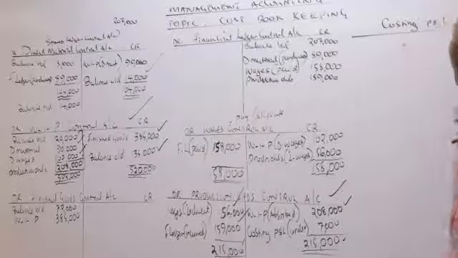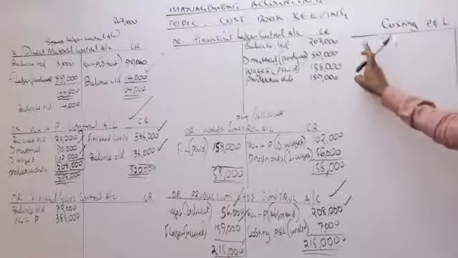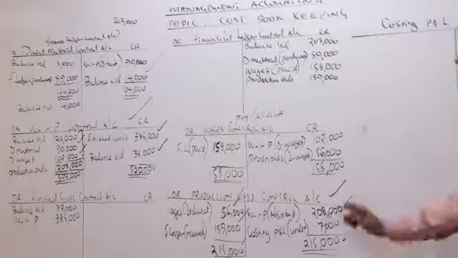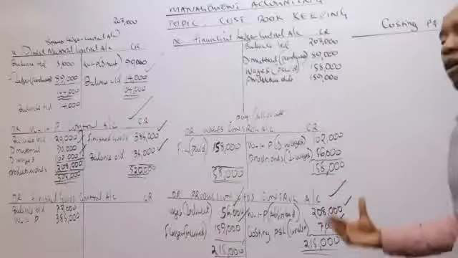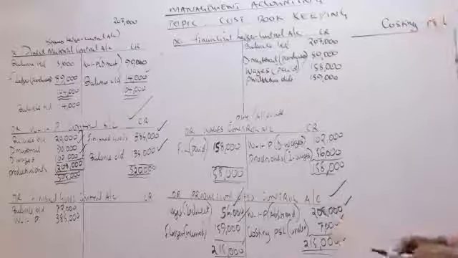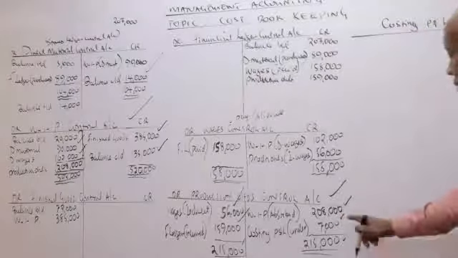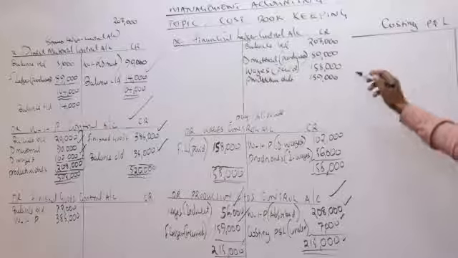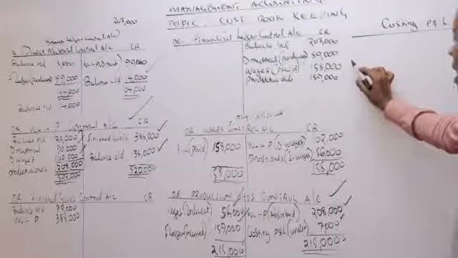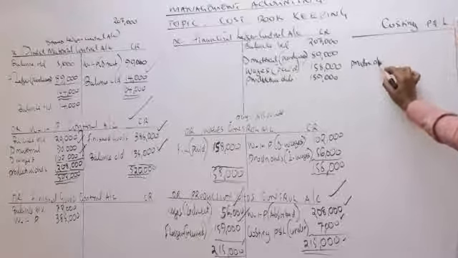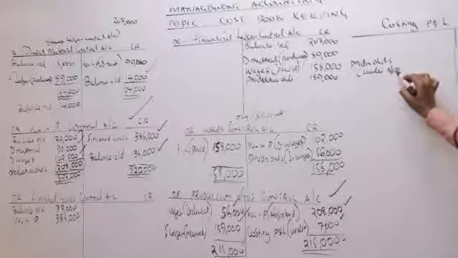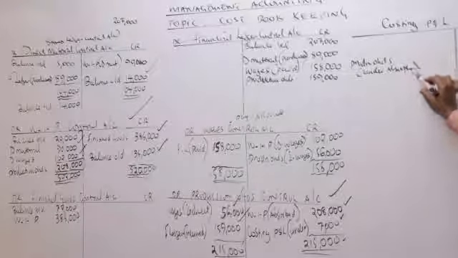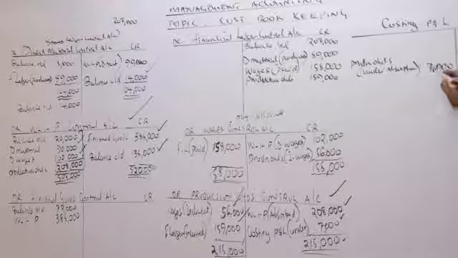Of course, we will have the sales, the cost of sales, but then we have another cost here, which would inflate our profit. So we debit it here, credited here. So I debit this account and I say under absorption. So this is production overhead, and that is under absorption. And the under absorption is for 7,000.